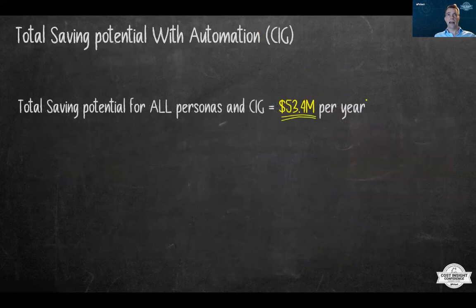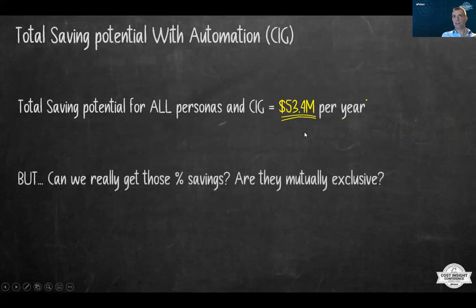Now, that whole number starts to get very large and perhaps even unrealistic for some people. That's a very large number in a company that only turns over 350 million a year. But the numbers don't lie, they add up. But the question is, could I really get those percentage savings? Are they mutually exclusive? Just look at the material versus design and manufacturing process one.